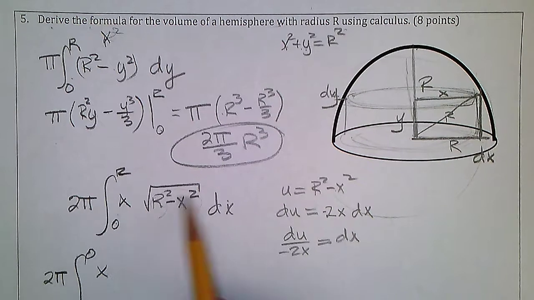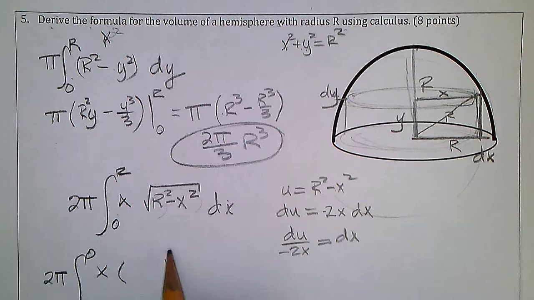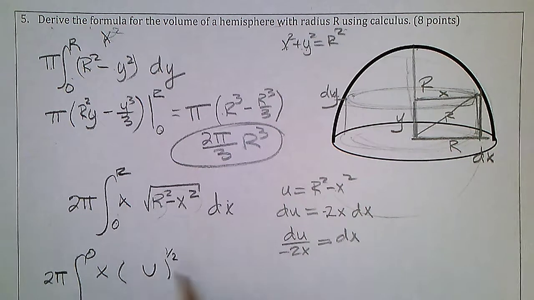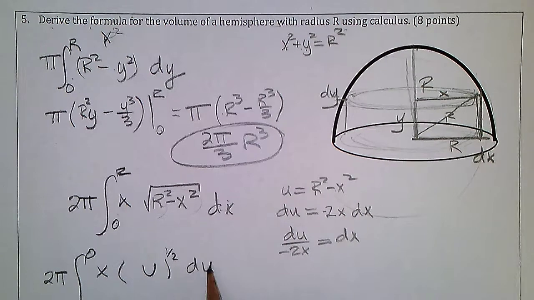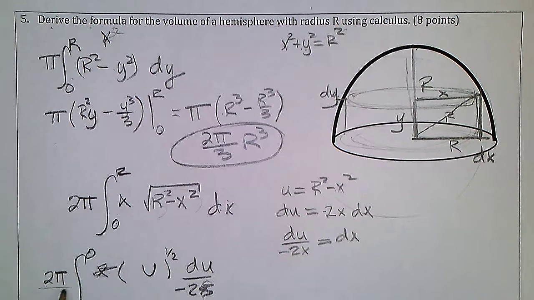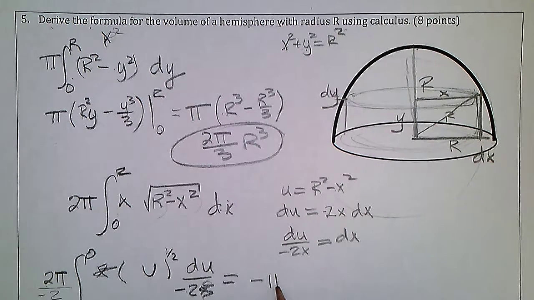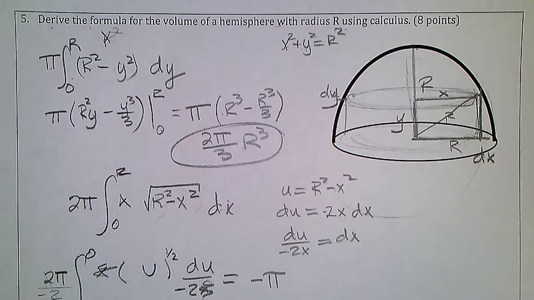X, this would be square root of u. And dx is du over minus 2x. X's cancel. Minus 2 comes out. And so I have minus pi, because those will cancel.